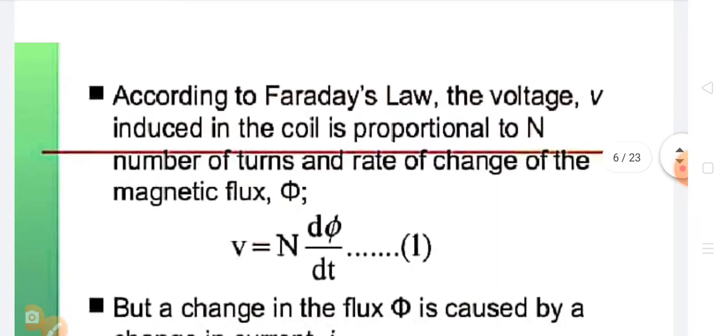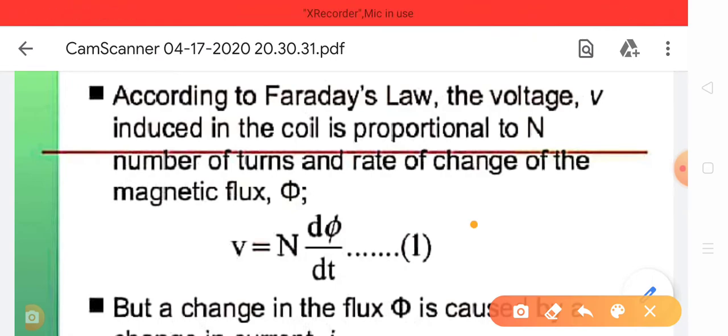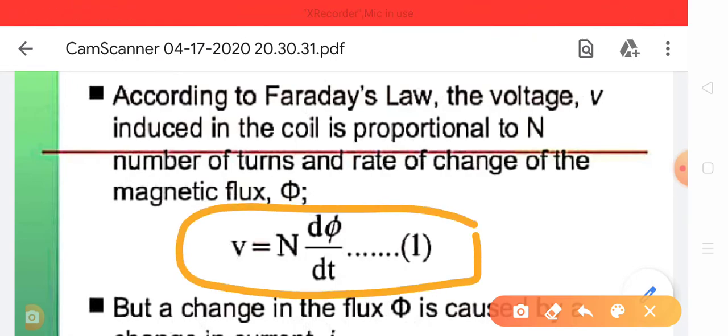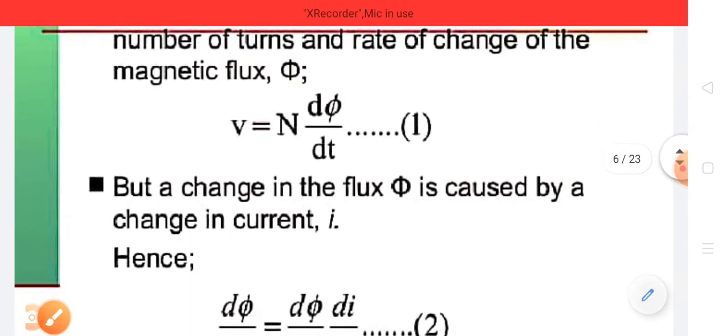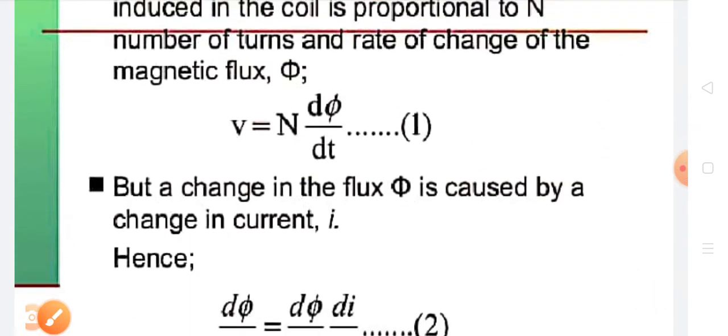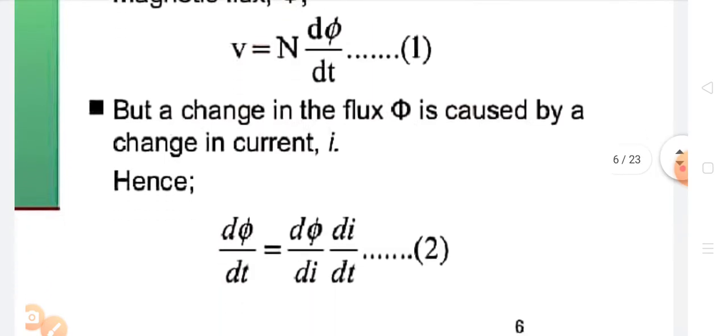According to Faraday's law, the voltage V in a coil is directly proportional to the number of turns N and the rate of change of the magnetic flux. So you can write the voltage expression as V = N dφ/dt. Here the flux varies with the change in current. If the current is changing, the flux also changes.